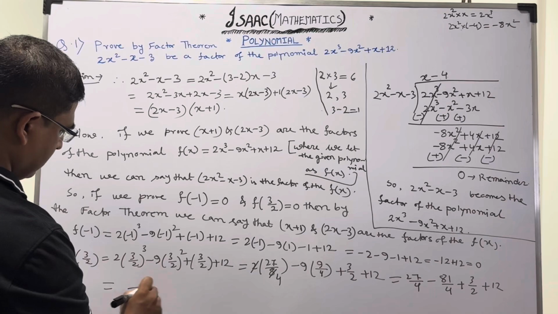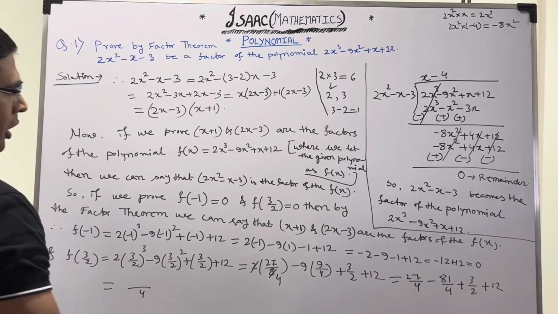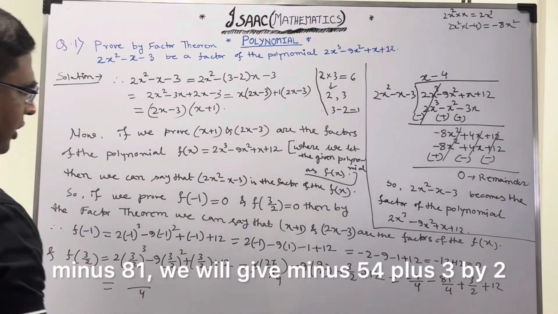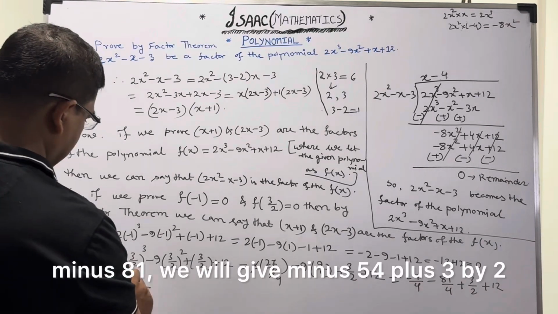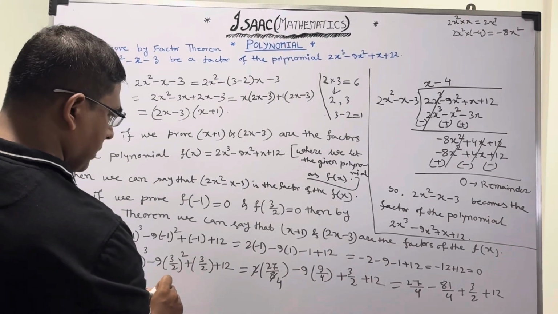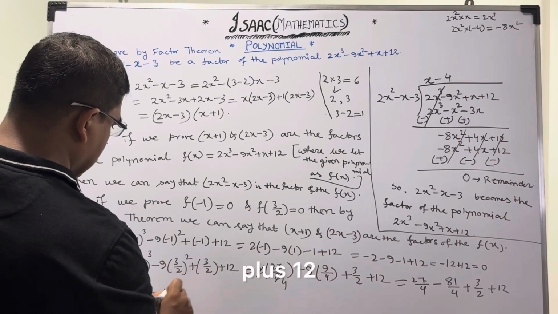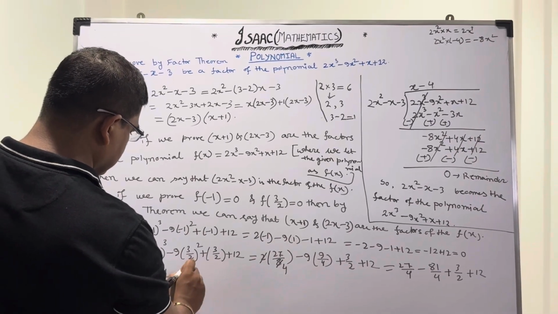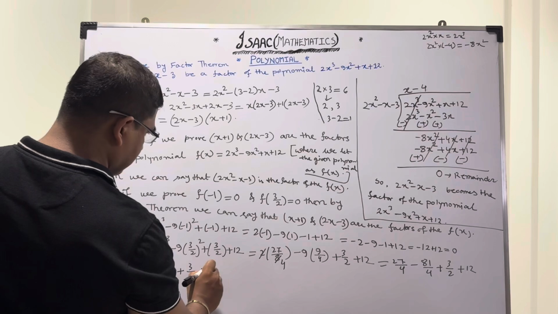27 minus 81 will give minus 54 by 4, plus 3 by 2 plus 12.